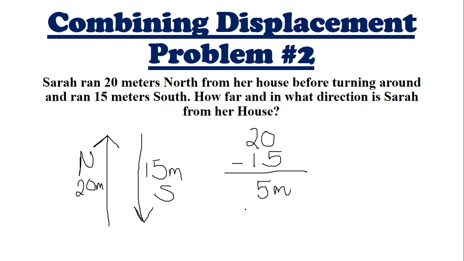But displacement is a vector and you have to have a direction with it. So to do that, we need to look: was north higher than south, or was south higher than north? Well, north had a higher value, so it's 5 meters north of her house.